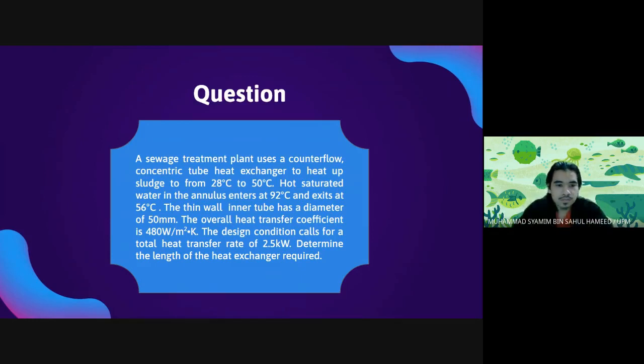The water enters the annulus at 92 degrees Celsius and exits at 58 degrees Celsius. The thin wall tube has a diameter of 50 mm. The overall heat transfer coefficient is 480 watt per meter squared Kelvin, and the design condition calls for a total heat transfer rate of 2.5 kilowatt, and we need to determine the length of the heat exchanger based on the parameters given.